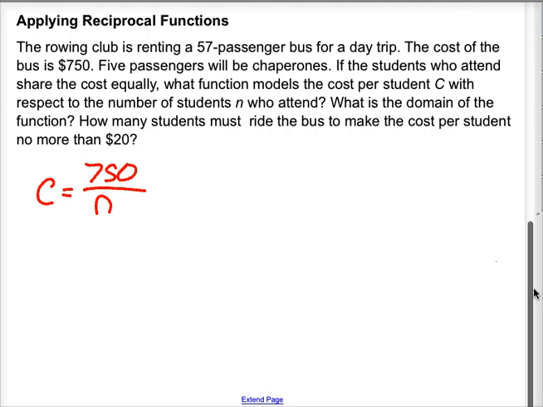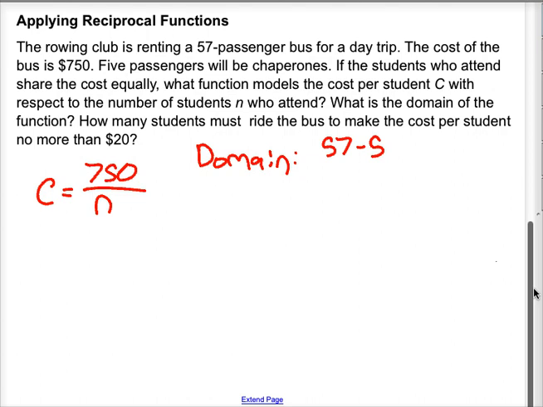All right. So now it wants the domain of this function. Now the domain is coming from the fact there's 57 passengers, right? But 5 of those spots are taken by chaperones, okay?